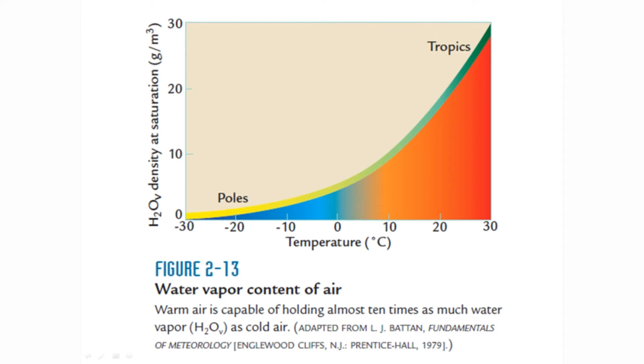The poles, which are typically very cold, at minus 10, 20, 30 degrees centigrade, have very low water vapor content. As you come into the tropics, as temperatures increase, the amount of water in the atmosphere increases exponentially. This is important because any exponential relation produces nonlinear effects. For 1 degree change, you get a much larger increase or decrease in humidity.